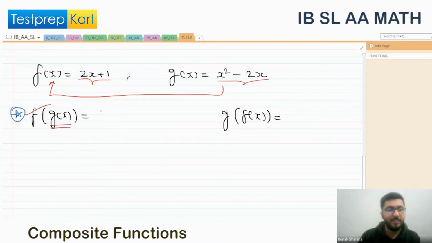That's what it is suggesting to me. So 2 times x square minus 2x plus 1. Now we can simplify it.